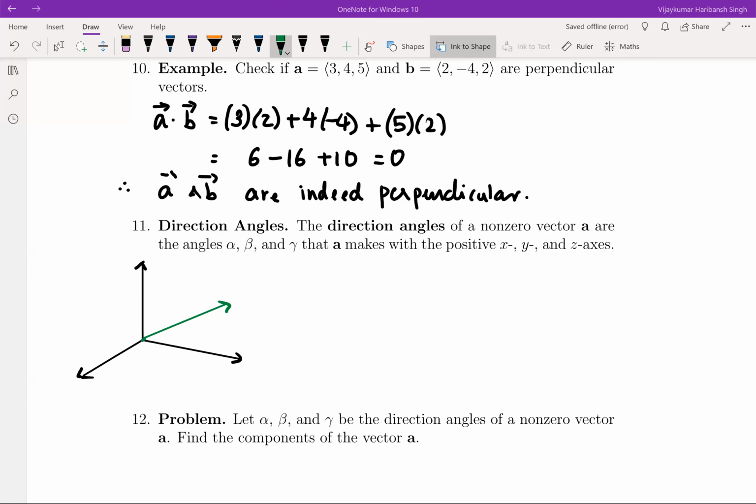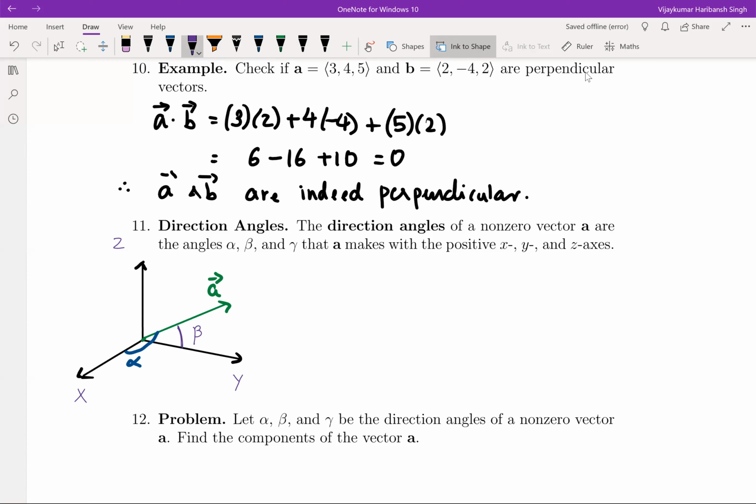Now, sometimes it is important to know, if you take a vector A, what angle it makes with the positive direction of the x-axis. Let's give that a name, alpha. What angle does it make with the positive direction of the y-axis? So this is your x, y, and z. Let's call this beta.